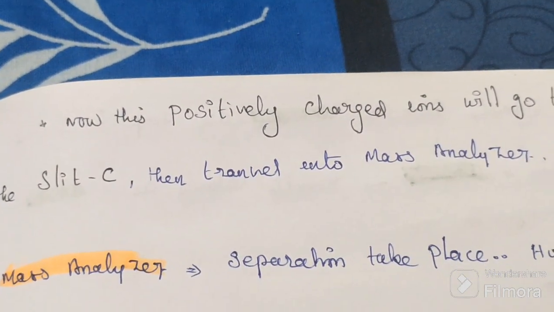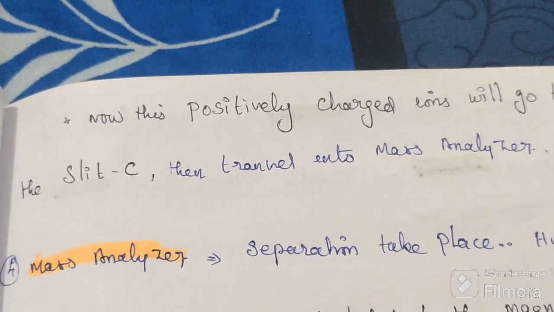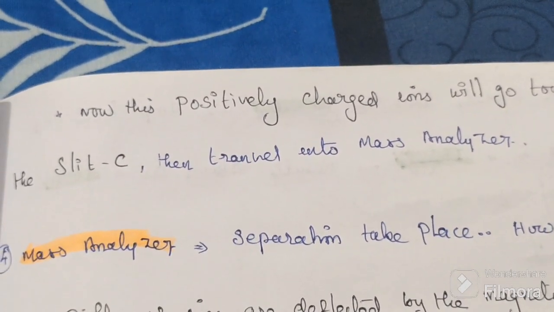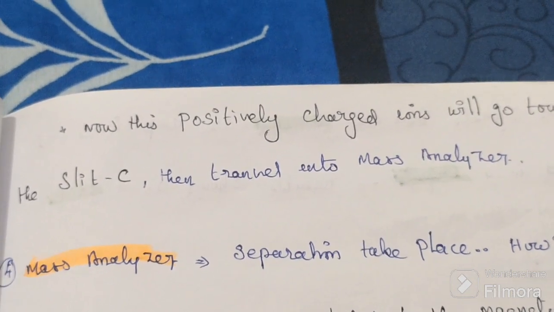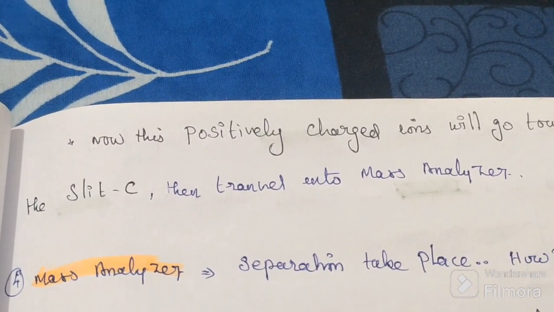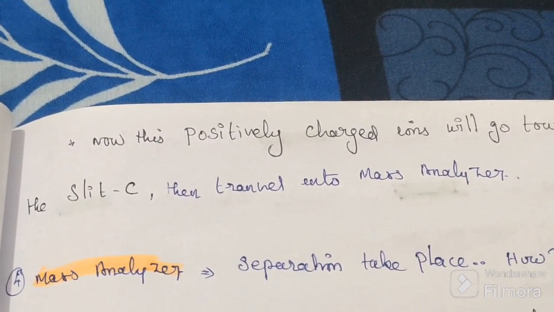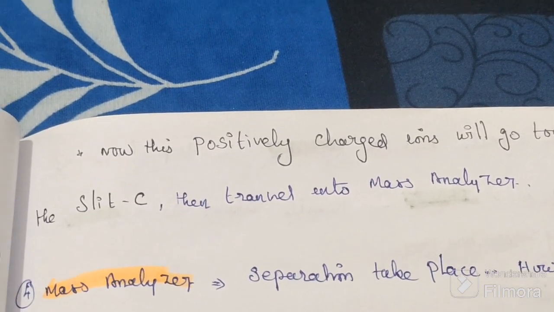Due to this positive electrode, the positive ions are repelled to the right side, because a negative potential will be there. Ultimately they gain some velocity, and with that velocity they enter the mass analyzer.